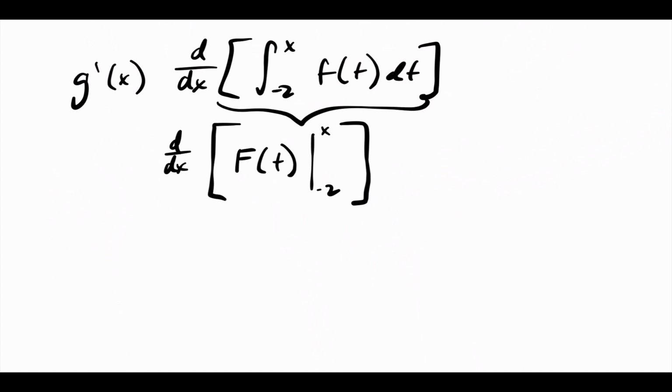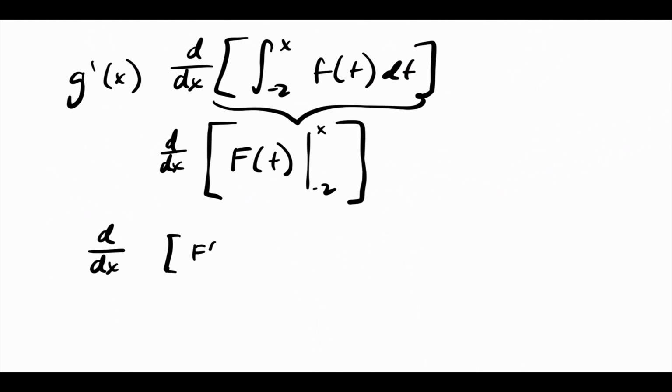Okay, so now I got to plug in x. Capital F is the antiderivative of f. That's why I used a capital instead of a lowercase. Okay, so plug in x minus plug in negative 2.